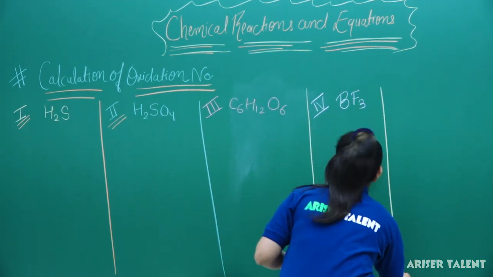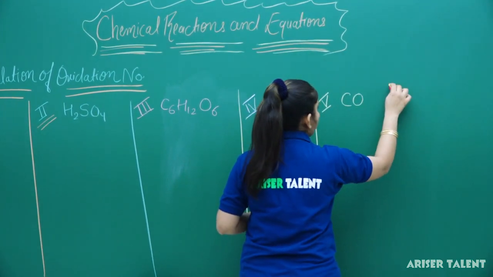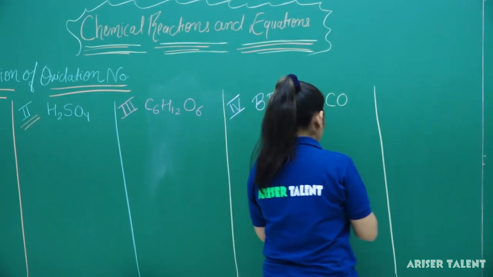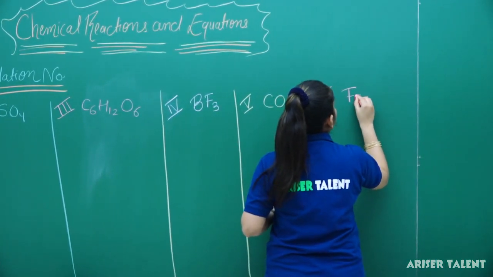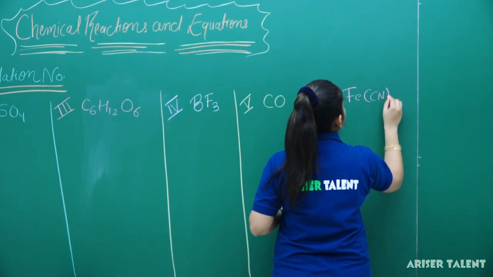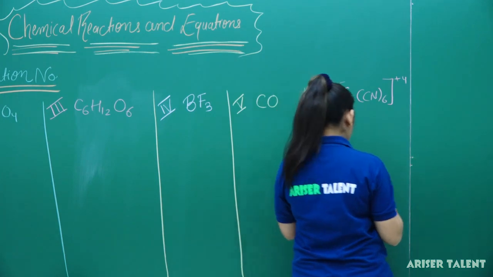Then our fifth element is carbon monoxide. Now our sixth element will be FeCN6 raised to the power plus 4.